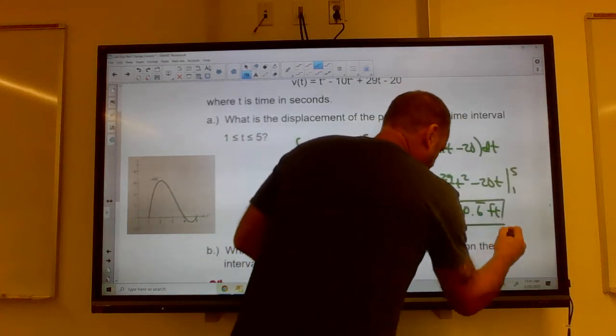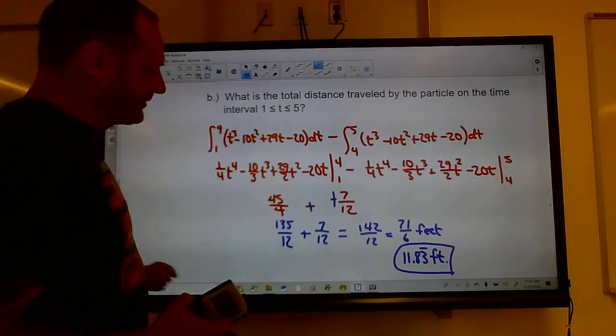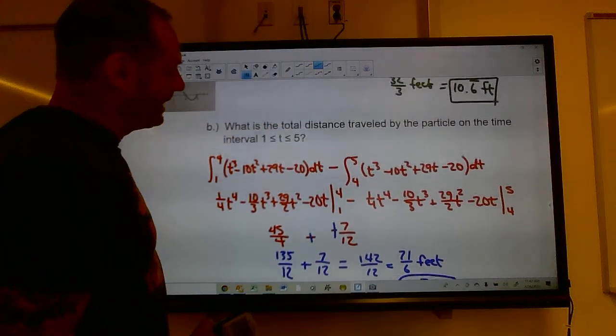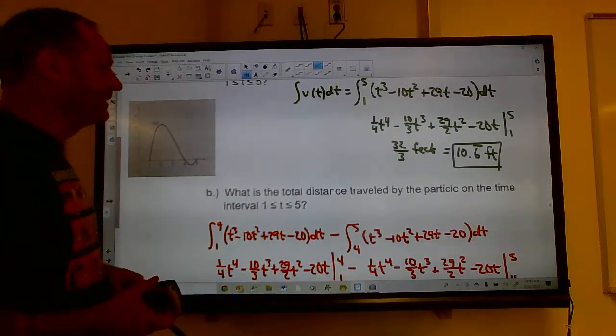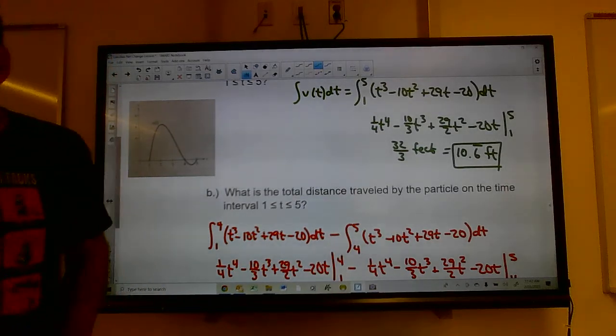So you can see that this thing traveled a total distance of 11.83 feet, and it actually had a net change of 10.6 repeating feet.